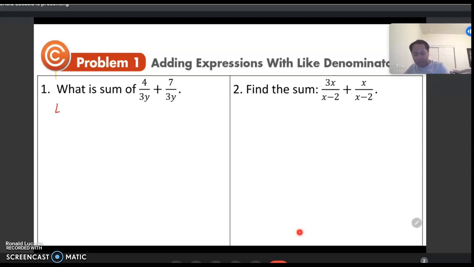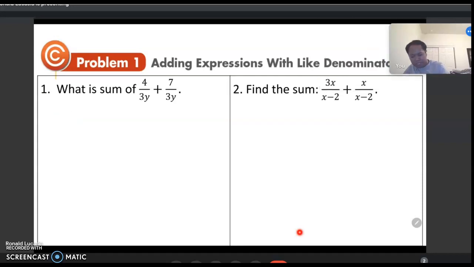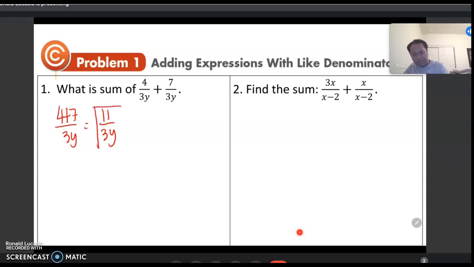Using the concept earlier, I can immediately add this one, since they have the same denominator: 4 plus 7 all over 3y, that's 11 over 3y. Since 11 and 3 don't have a common factor, that is going to be the final answer.